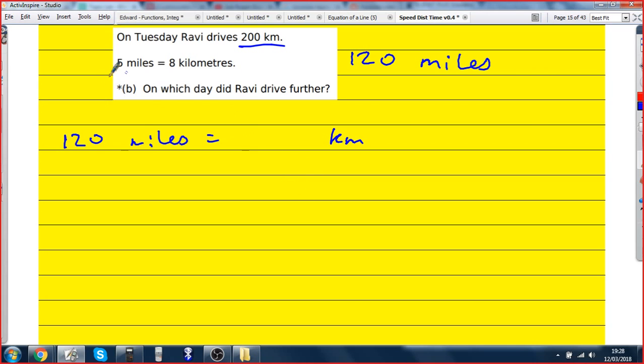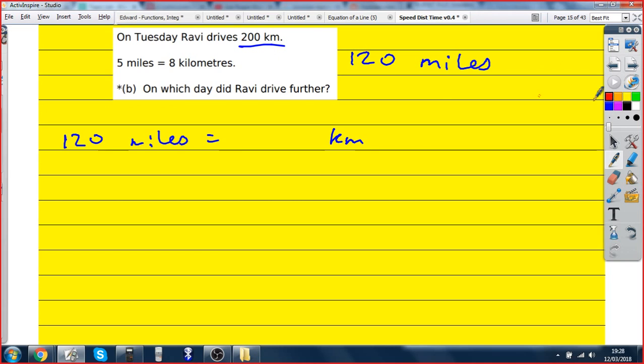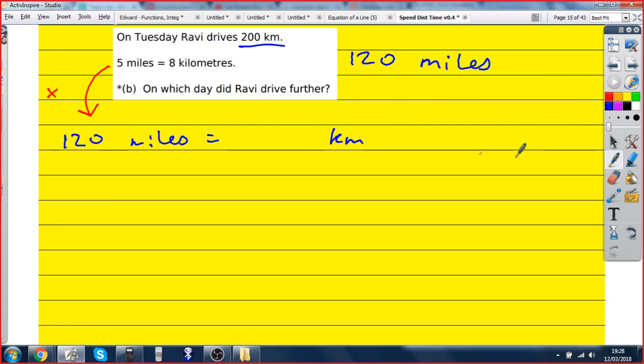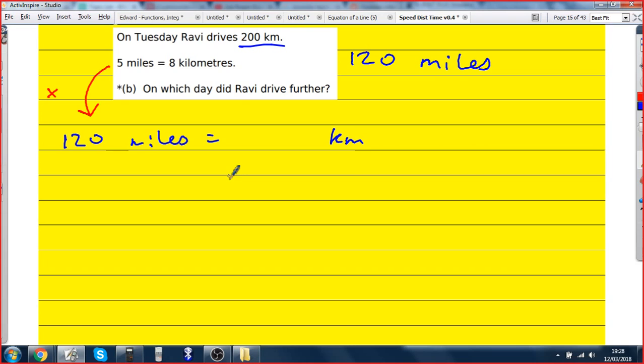So you have to figure out 5 times what will give you 120. Any idea how you go about figuring that out? 120 divided by 5. Yeah. What is that? 24. Yeah. So that was times by 24.